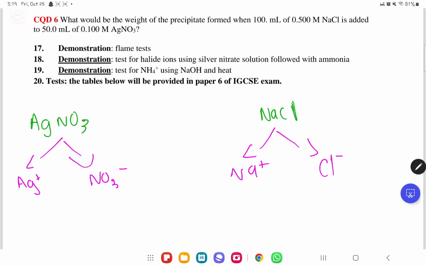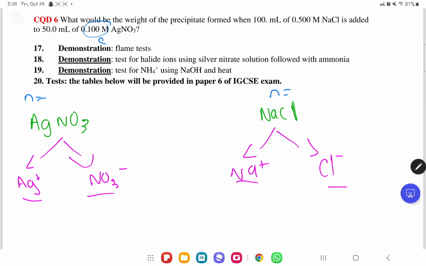So if you notice, you don't need to balance everything, they're already balanced. So AgNO3 is already balanced, and Na+ and Cl-, in NaCl, it is also balanced. So very simply, we can find the number of moles. To find the number of moles, which I will denote as n, so the number of moles of AgNO3, it is what? It is the molarity multiplied by what? Multiplied by the volume in liters.